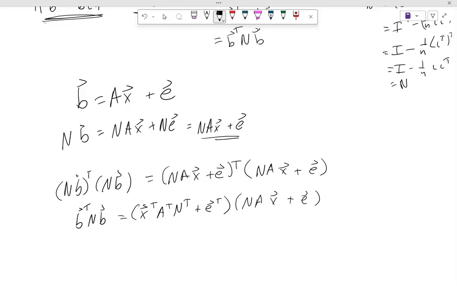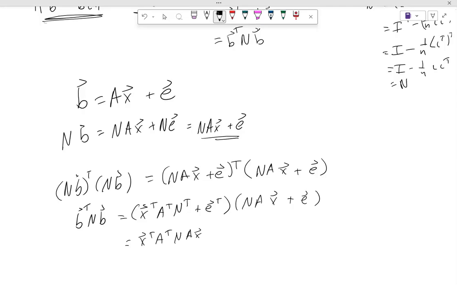N, and then N times N was N, right? So that first term just becomes X transpose A transpose N AX. We agree with that? Okay.